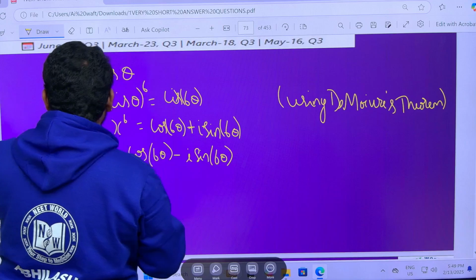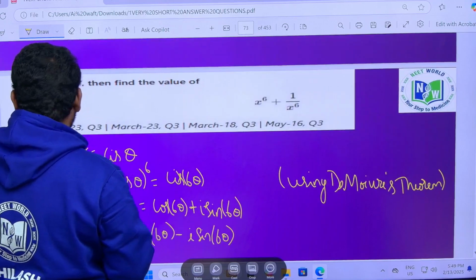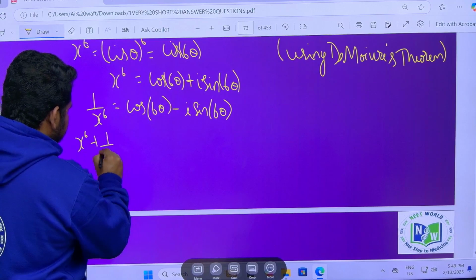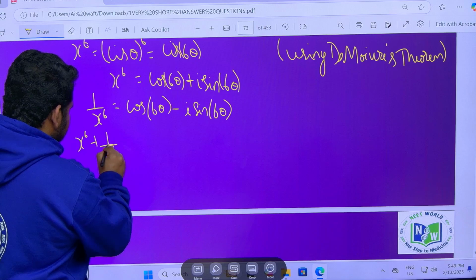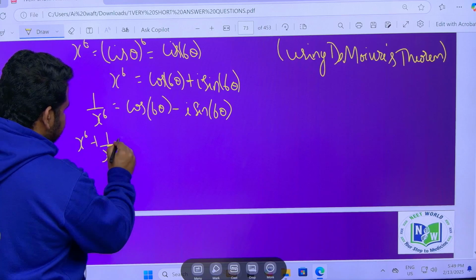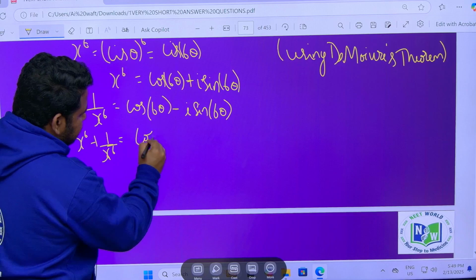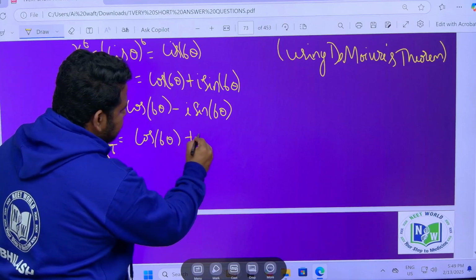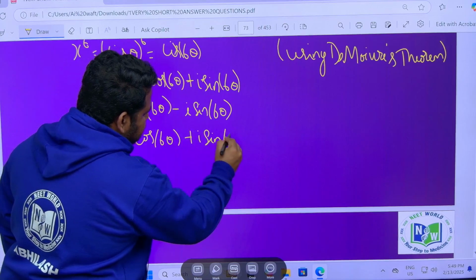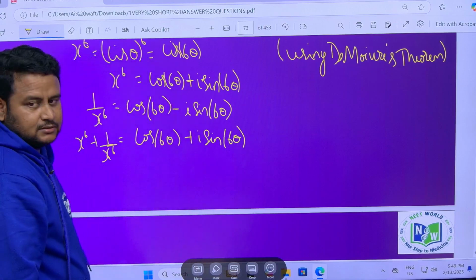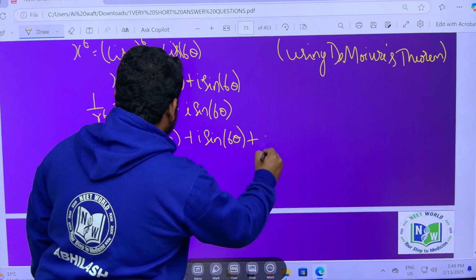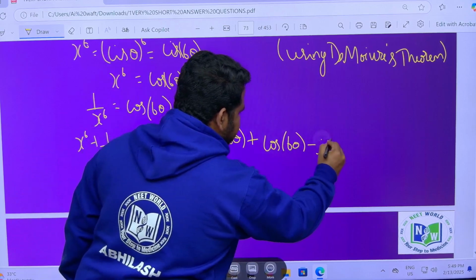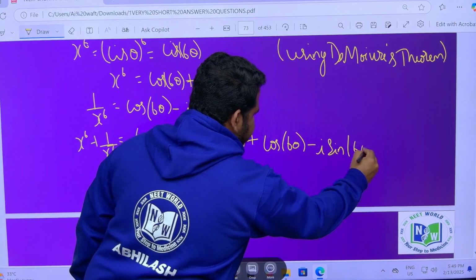Now what they are asking is x to the power of 6 plus 1 by x to the power of 6. This will become cos 6 theta plus I sin 6 theta, plus cos 6 theta minus I sin 6 theta.